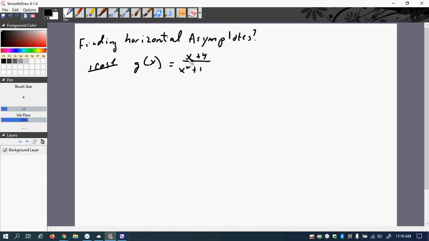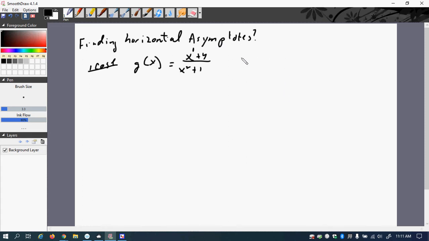If you take a look, the highest exponent on this one is a 1, and the highest one in the denominator is a 2. So as the value of x increases, the value of the denominator gets very large in relationship to the numerator. So the value of the function gets closer and closer to 0.